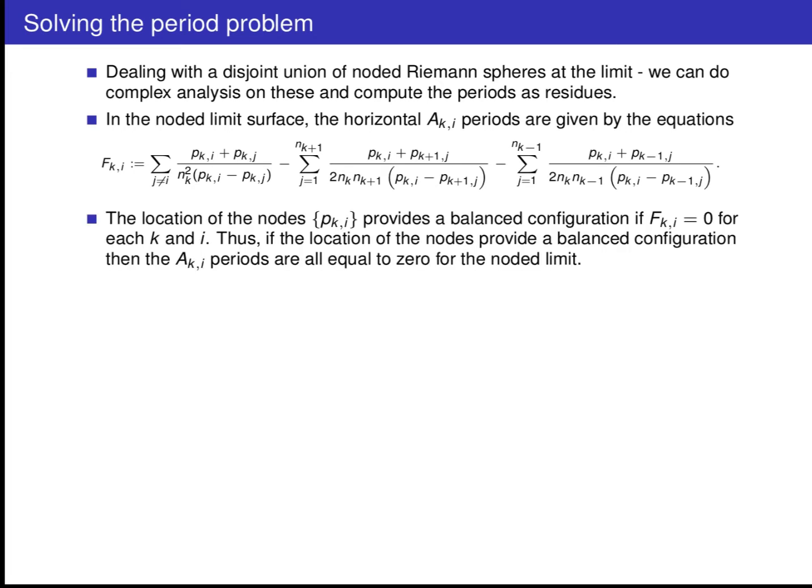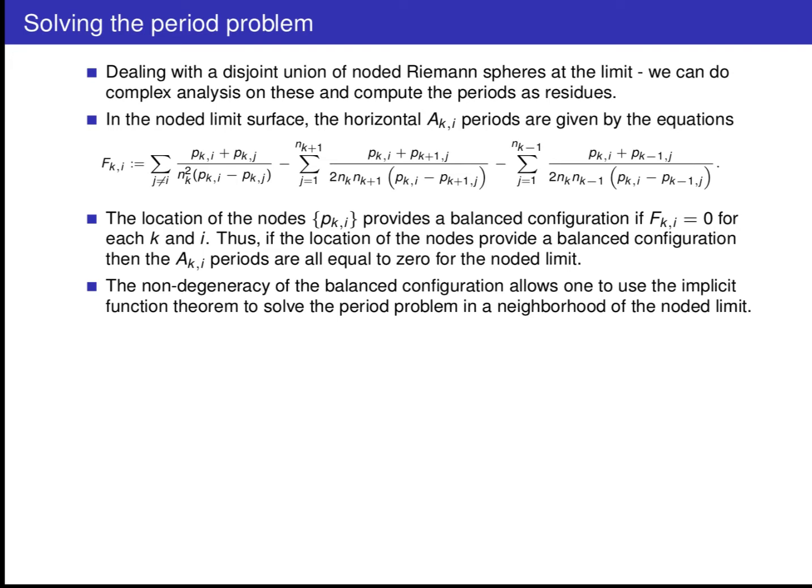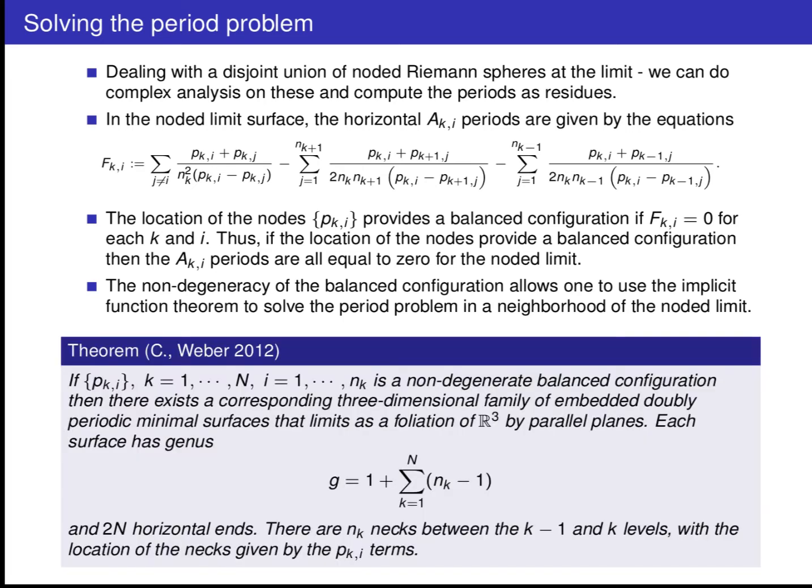So the location of the nodes, the p_ki, provides a balanced configuration if the force equations, the f_ki, are all equal to 0 for each k and i. Thus, if the location of the nodes provides a balanced configuration, then the A_ki periods are all equal to 0 for the nodal limit. The non-degeneracy of the balanced configuration allows one to use the implicit function theorem to solve the period problem in the neighborhood of the nodal limit.